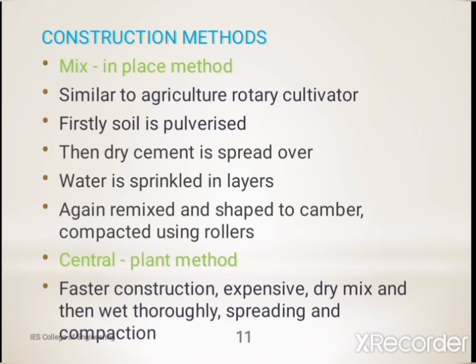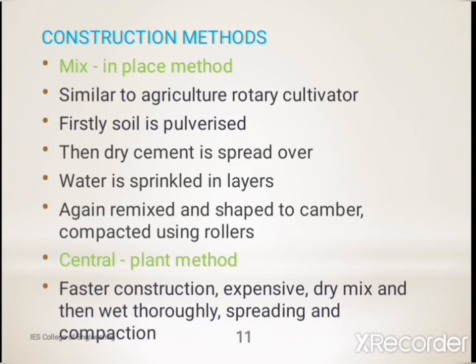The next construction method is central plant method. In central plant method, the construction is faster but it is expensive when compared to the mix-in-place method.